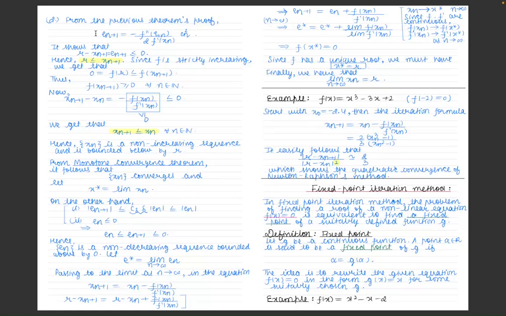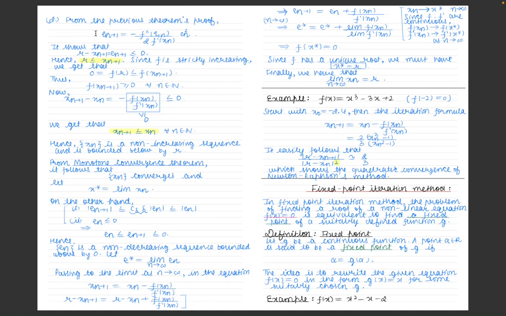Here everything is positive, so this part is positive, and this becomes negative. So we get that x n plus 1 is less than x n for all n, which means x n is a decreasing sequence.